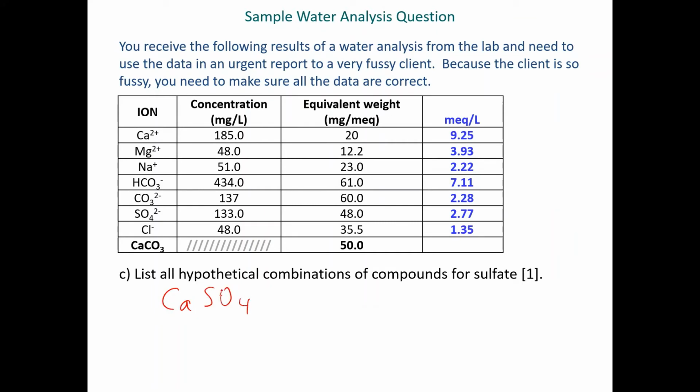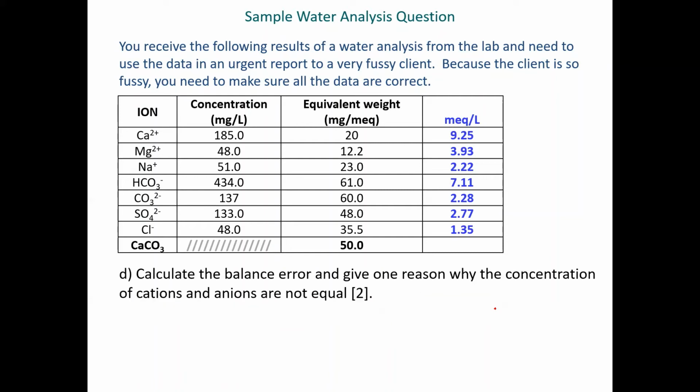So it's going to be CaSO4, and then magnesium. So magnesium sulfate and sodium sulfate. So in this case here, we'll need 2 sodiums to balance out the sulfate. So that one should be easy too, right? Just some standard kind of introductory chemistry stuff.